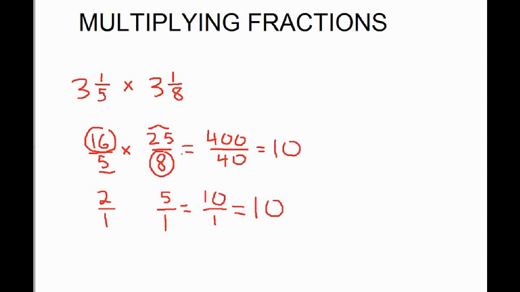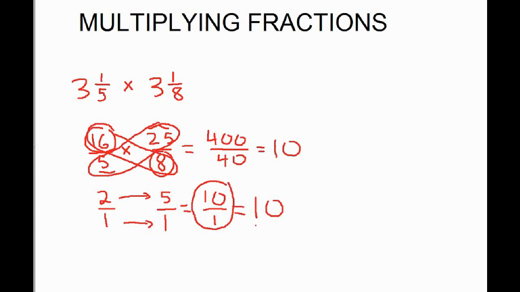But again, if you can recognize that you can reduce numerators and denominators in this multiplication question, you end up with much smaller numbers that you have to multiply. And you end up not really having to reduce. I mean, we did have an improper fraction here that we had to make into a mixed number. In this case, it's a whole number. So you didn't have to reduce that fraction at all. Whereas here, it had to be reduced quite a bit.